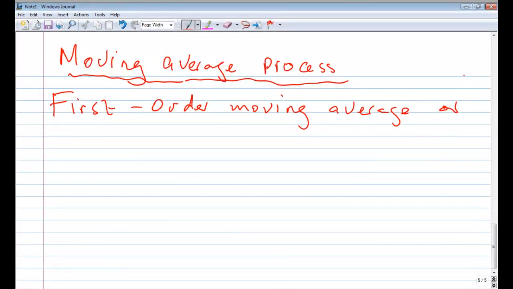So you can call it first order moving average or moving average of order 1. MA1. It's a first order moving average or moving average of order 1. Okay. So how do you define the first order moving average or moving average of order 1?